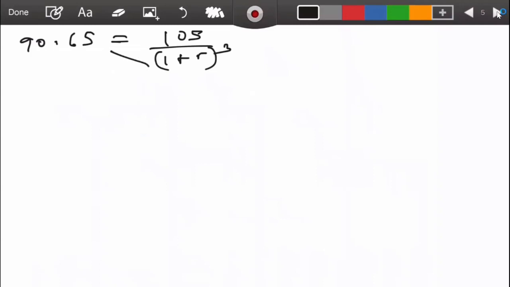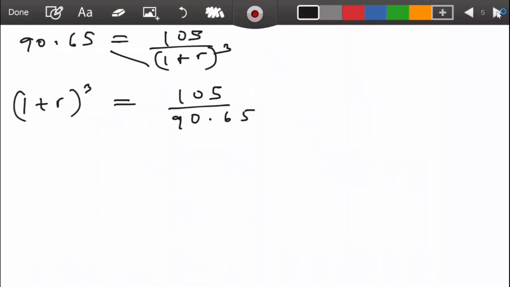So cross multiply, 1 plus r raised to power 3 will be equal to 105 all over 90.65. Now I want to isolate r.